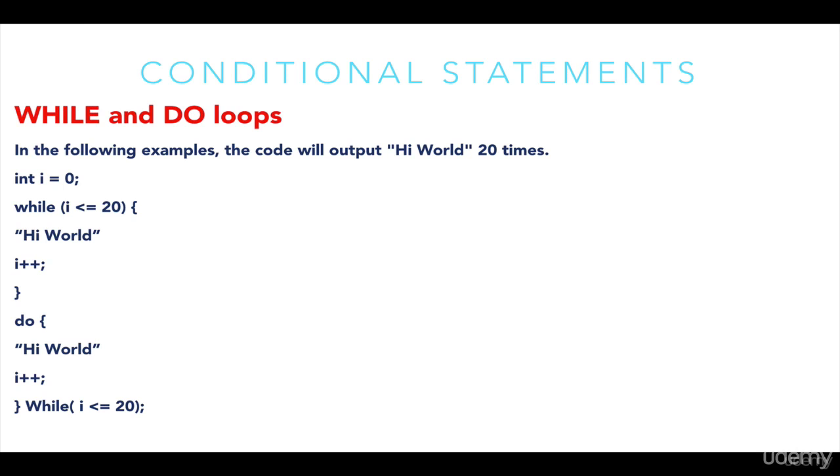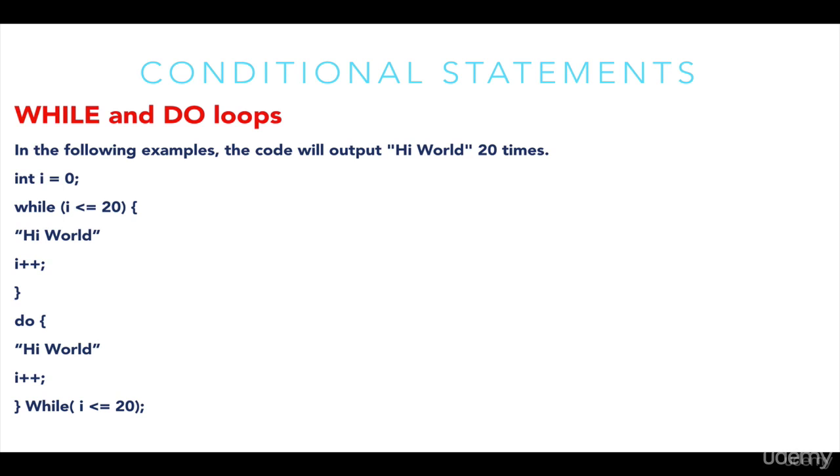Okay, so first it's gonna check whether the I is less than or equal to number 20. As you can see, the I is equal to 0, so it is less than or equal to number 20, and then it's gonna go inside the loop, and it's gonna output the HighWorld text, and then it's gonna add one value to the I variable.